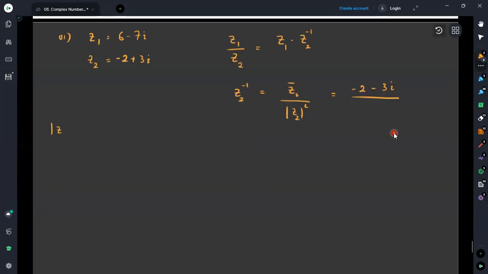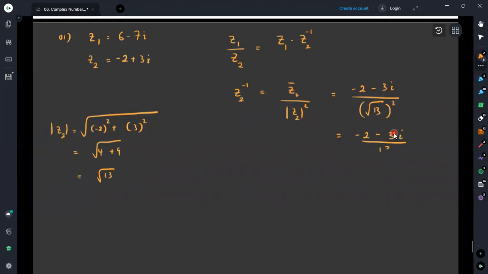So I am writing the modulus of Z2: the square root of minus 2 squared plus 3 squared. Then we get 4 plus 9, altogether root 13. Then the square of root 13 is 13. So we get minus 2 minus 3i over 13.